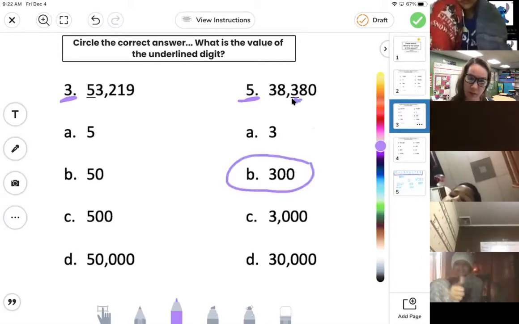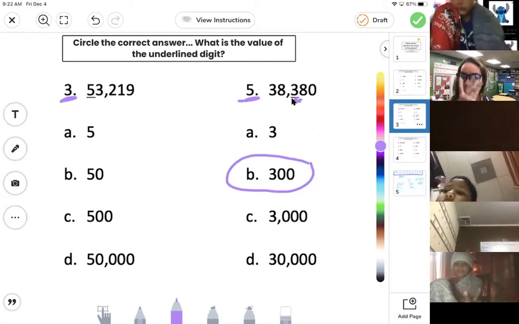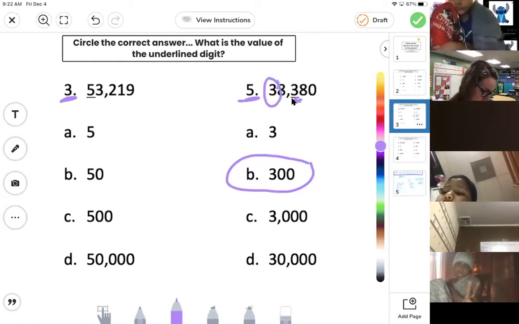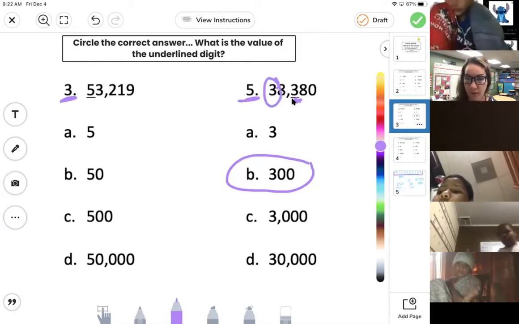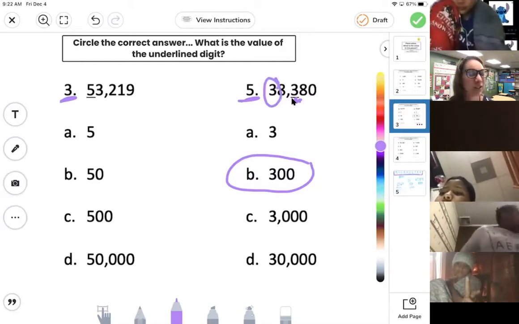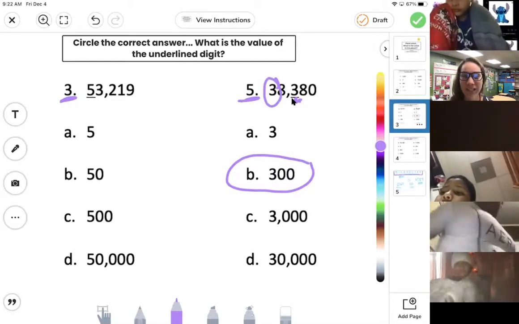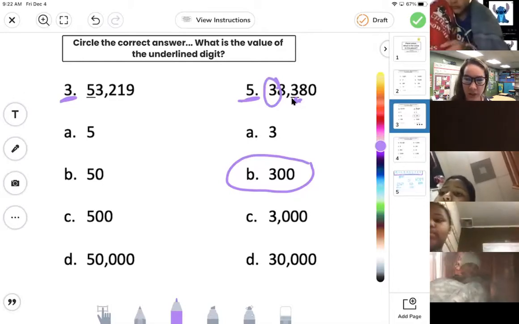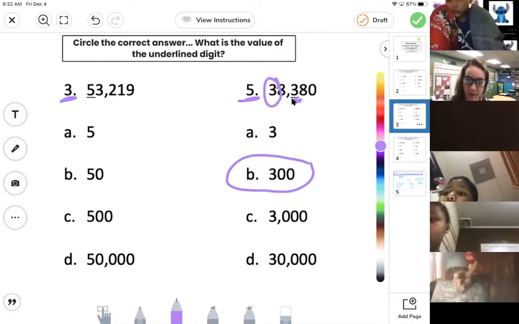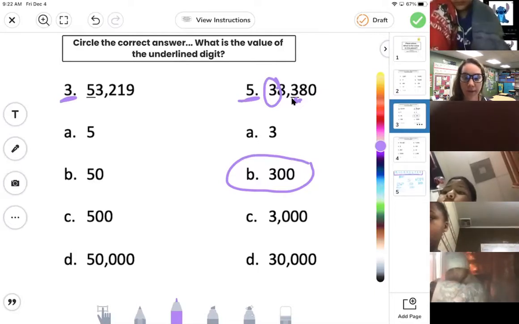Look at where the underline is. If you told me D, you were looking at this 3, but that 3 was not underlined. I kind of did that one to trick you a little bit, because you need to make sure you're paying attention to the directions. You're working on the underlined 3s, okay? Other than that, looks good.